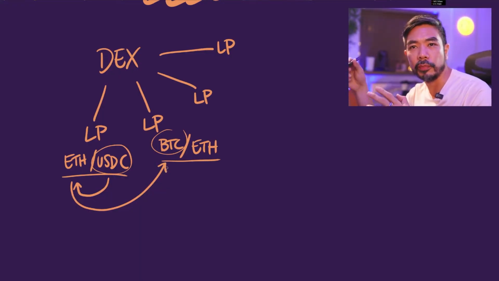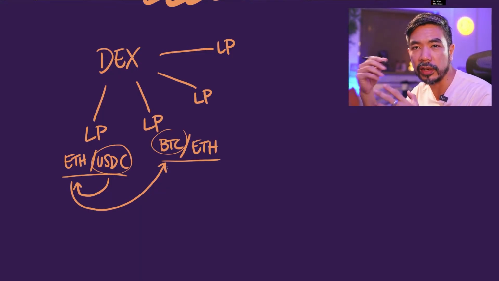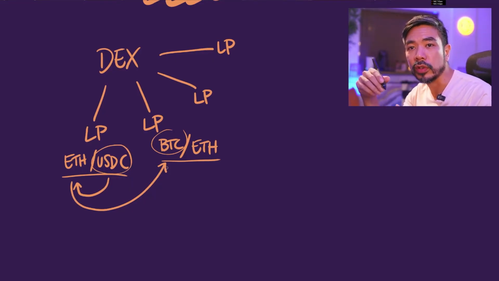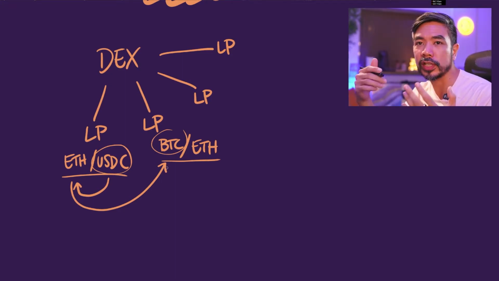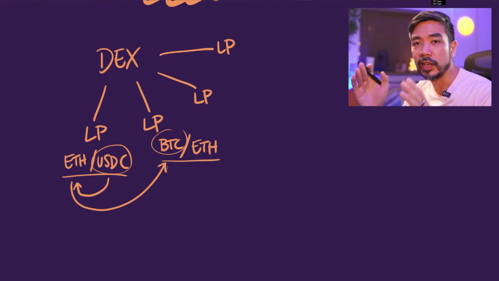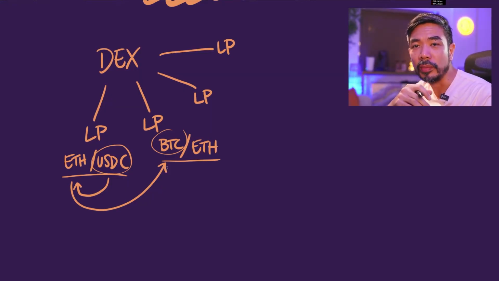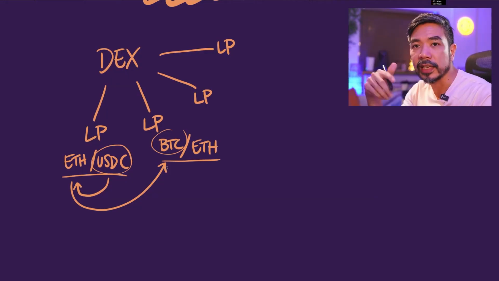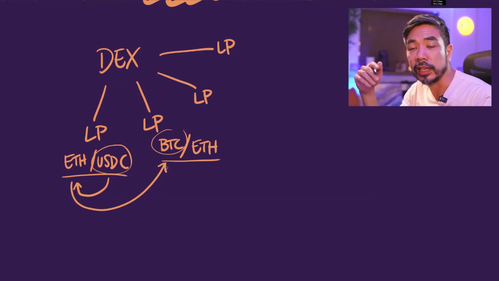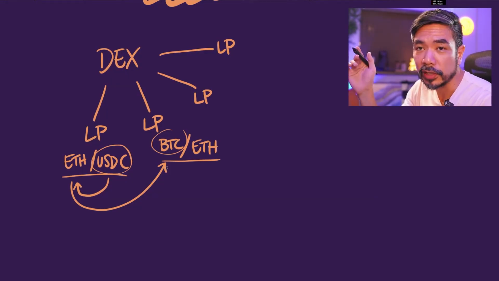So these pools can work together to dynamically route your trading request from one to the other. This all happens invisibly. From the user's perspective, all you're saying is, I have USDC and I want to turn it into Bitcoin at the prevailing rate. And that's it. The DEX figures that all out automatically, which is awesome.